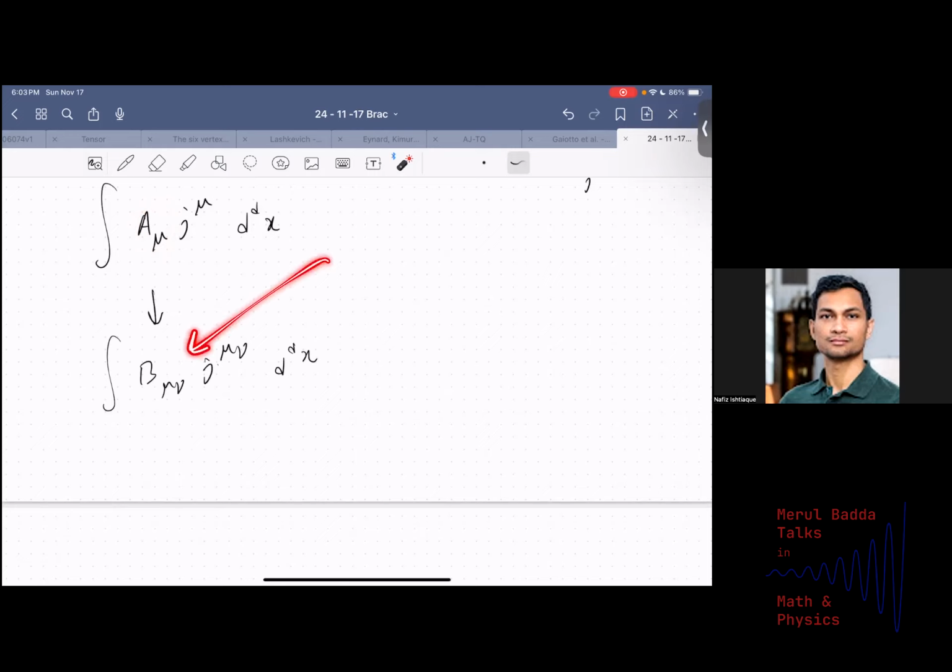Okay, here you can ask several questions. The first question may be: why would you want to have some two-form field and think of it as a generalization of a one-form connection or one-form gauge field? The answer to that is going to be a bit out of the scope of today's talk. But if you have studied string theory a bit, you're already familiar with some gauge fields like this.